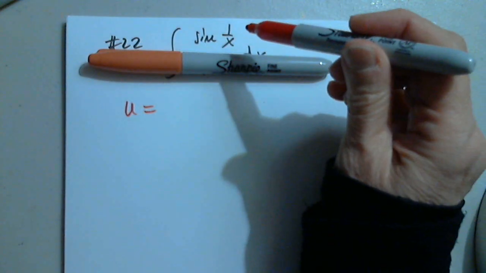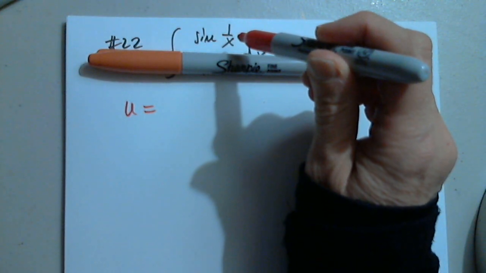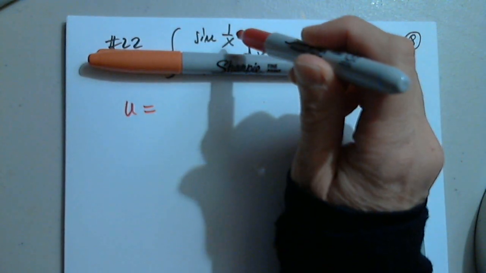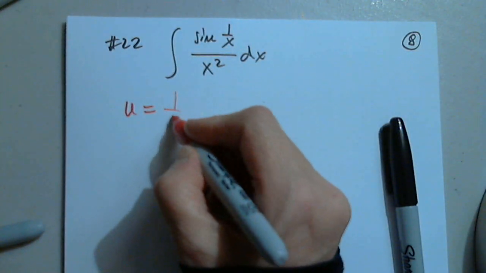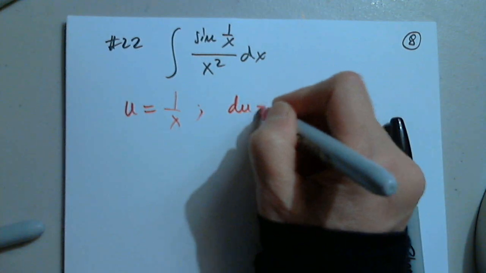Just having the function sine also isn't a problem. But the function inside, 1 over x, sine of 1 over x is the problem. Oh, I forgot that that's a function. Okay. So 1 over x. Exactly. So u is 1 over x.